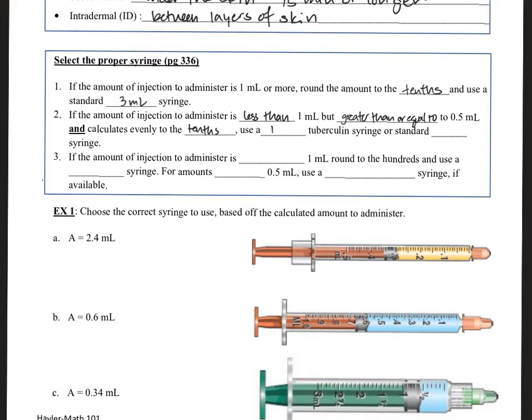Use a 1 milliliter tuberculin syringe or a standard 3 milliliter syringe. Alright, so this would be the 1 milliliter tuberculin, and this would be, once again, the standard 3 milliliter. And you know that by the base amount here is a 1, and the base amount here is 3.